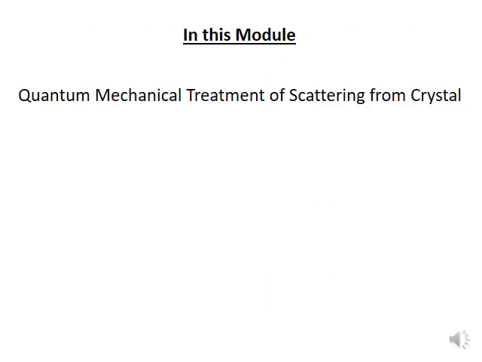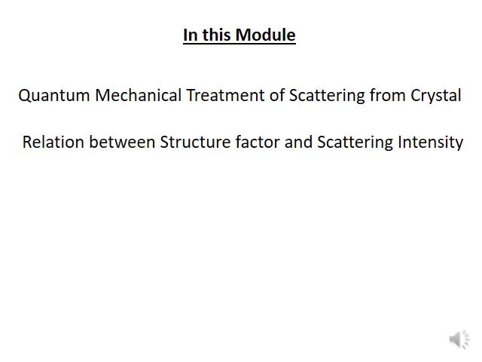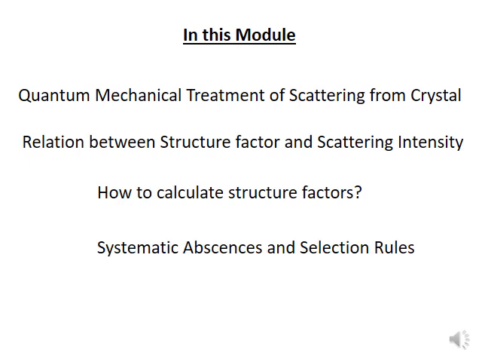In this module, we had a look at a quantum mechanical treatment of scattering from a crystal, and we found out that the scattering intensity is directly proportional to the square of the structure factor. We also looked at how to calculate structure factors, and what kind of different scattering potentials can occur.